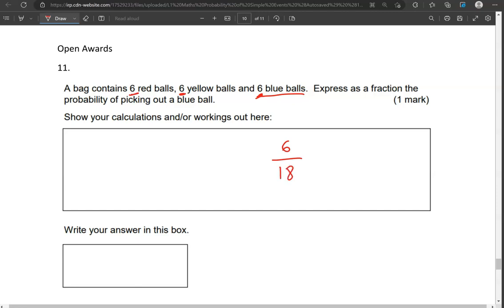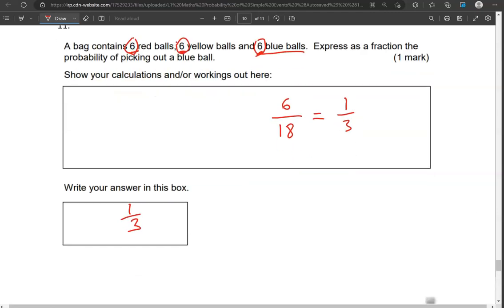So that is 18. Dividing both numbers by 6, we get a third. Also, another way to look at this would have been they have equal probabilities because we've got equal numbers of balls for each colour. So that's why it's a third.